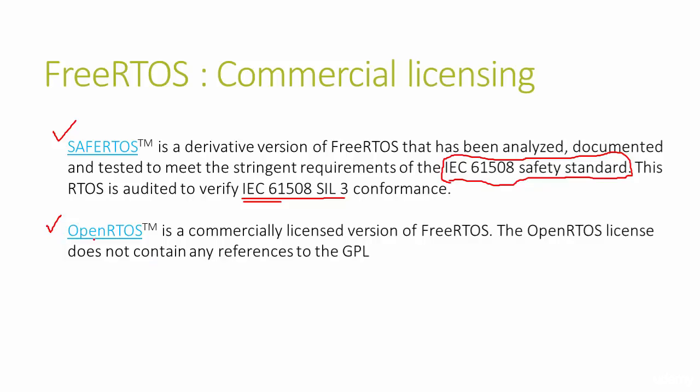And OpenRTOS also doesn't meet any safety standards because it has not been audited for this standard conformance test. Okay, so that's why OpenRTOS also is not recommended for use in safety related applications, but you have to pay some amount of money to obtain this source code, because this is based on commercial licensing and they have dropped all the references to GPL.